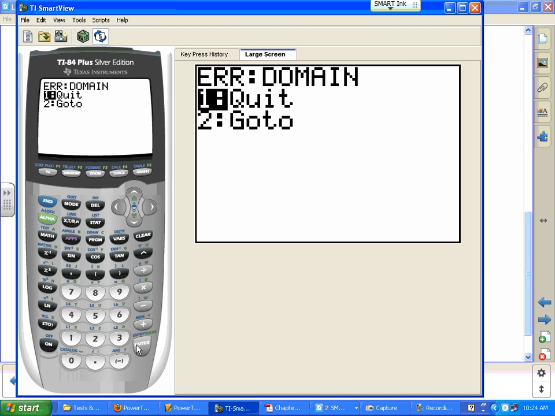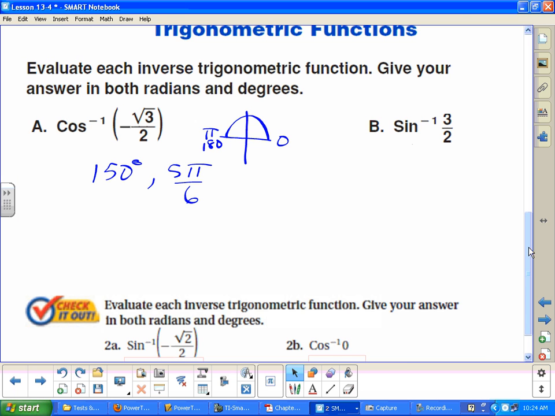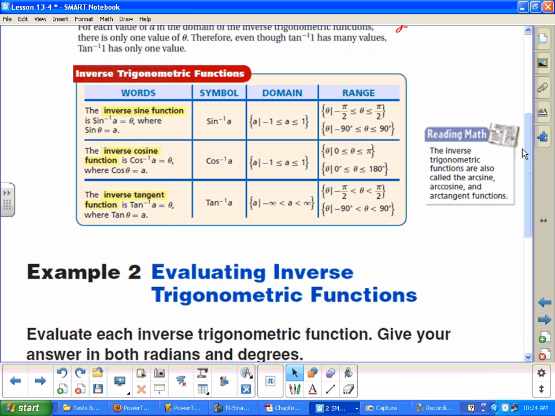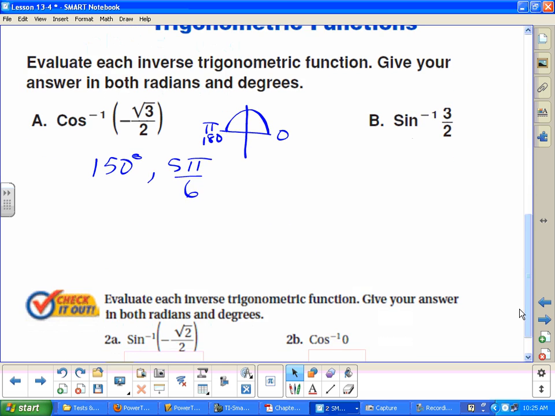I can't do the sine or the inverse sine of a number larger than 1. Here's the rule: the value for sine and cosine must be between -1 and 1. If it's bigger than 1 or less than -1 for inverse sine and inverse cosine, it's undefined. So this answer is undefined.